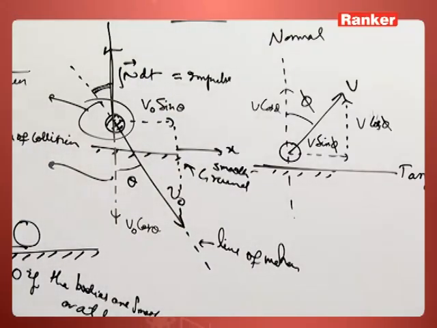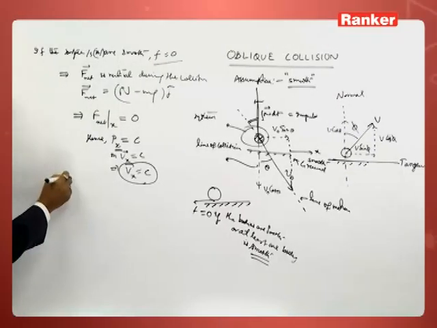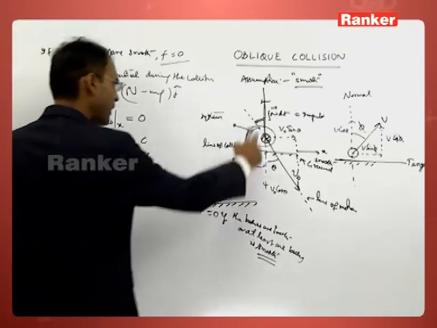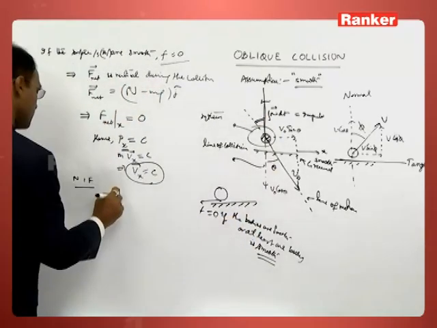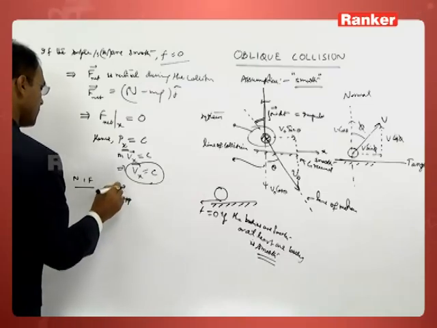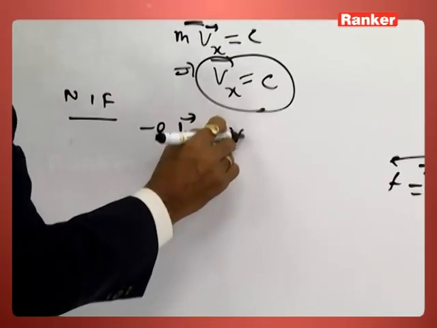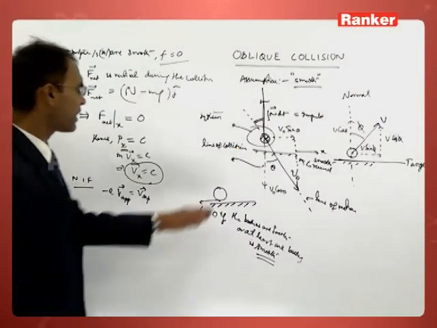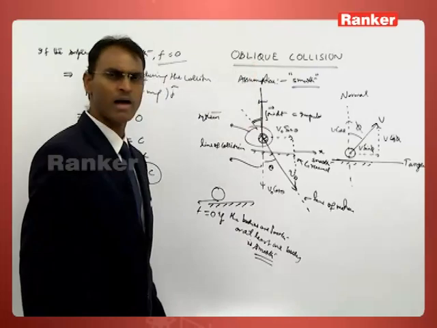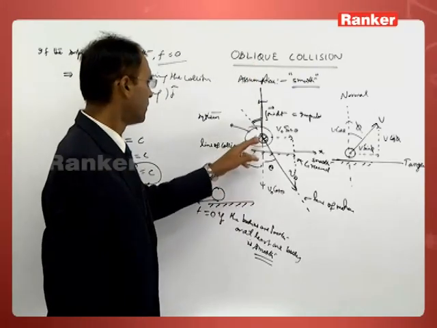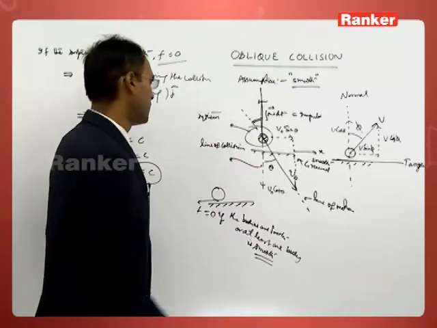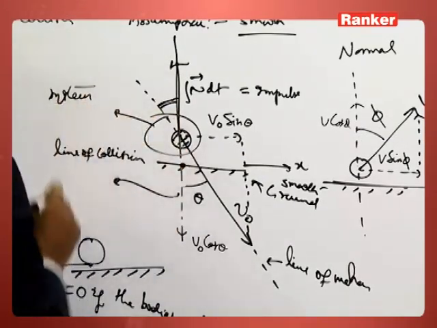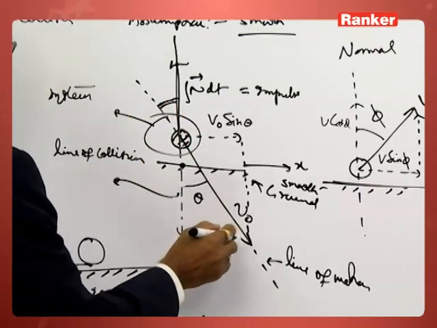Well, Newton's empirical formula says that the approach velocity into e equals the separation velocity. Approach velocity is the velocity along the line of impact between these two bodies. The ground is one body, this is at rest, this is one body.